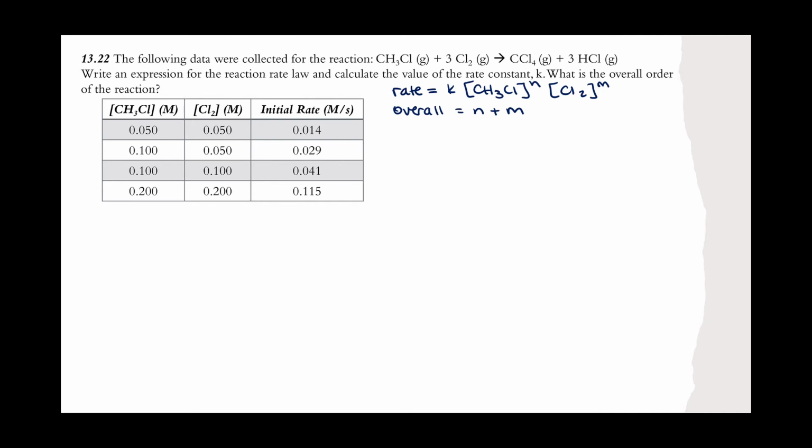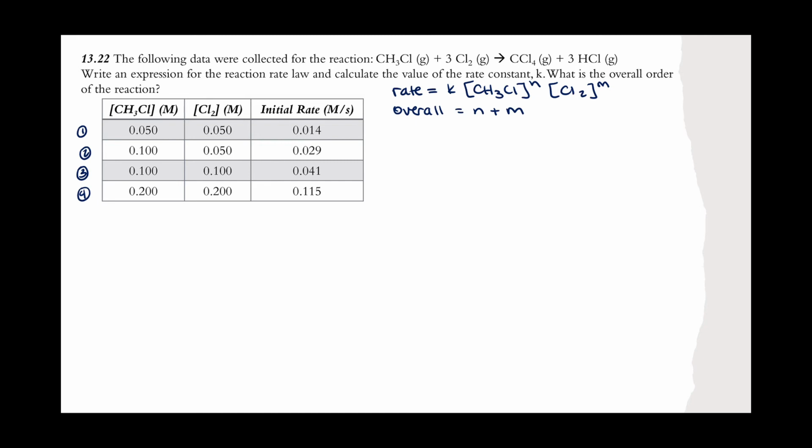Now, when we deal with reactions where we have 2 reactants, we have to go about determining the reaction order very carefully. We want to focus on one reactant at a time, and we want to pick 2 trials, these are each experiments, for the reactant that we are looking at.